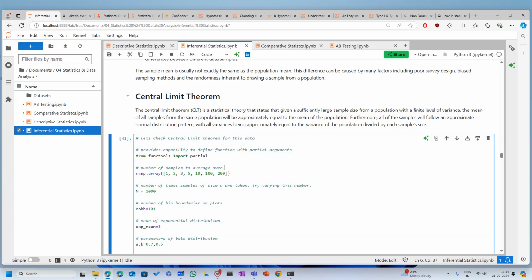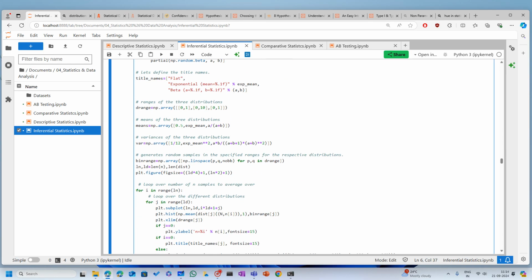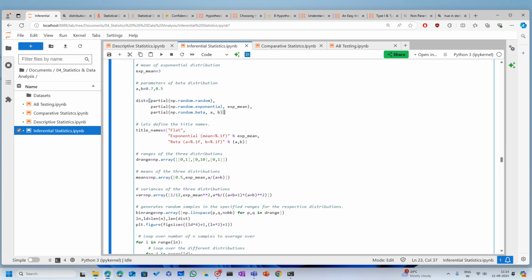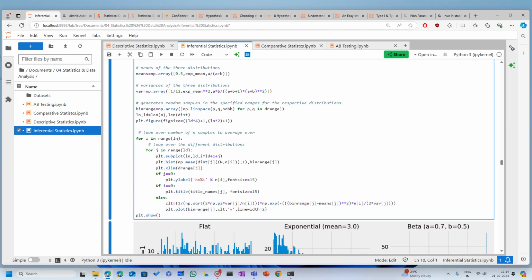So to show that central limit theorem, they have taken some random distributions. They have taken exponential, they have taken beta. You can even take uniform or other Poisson distribution, binomial. Not Bernoulli, because Bernoulli has only one trial. Whatever the distribution you take, doesn't matter. If you keep on increasing the number of repetitions of those values, linspace will create the equally spaced values.